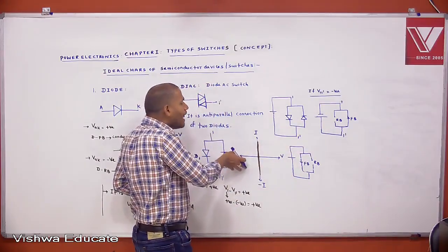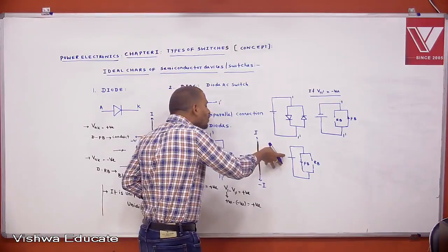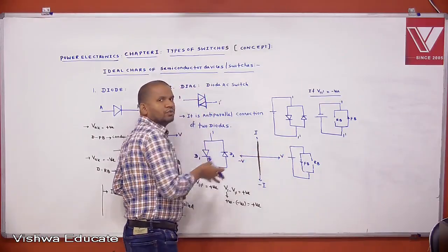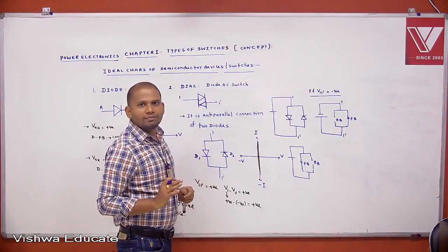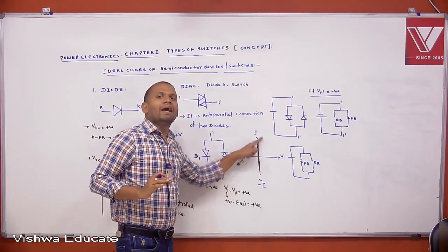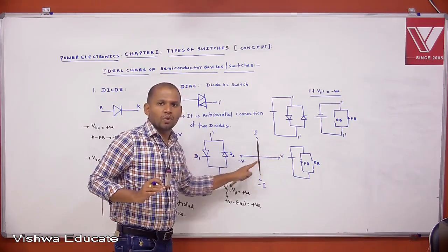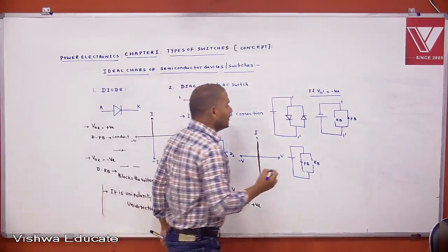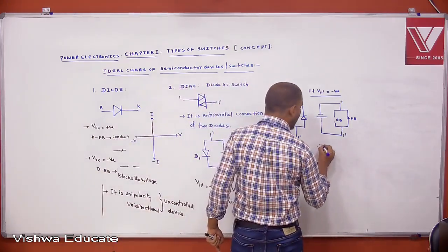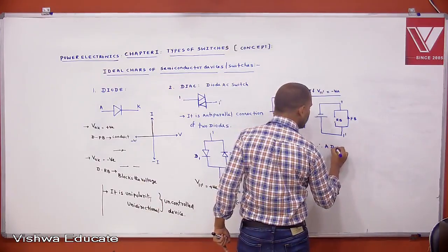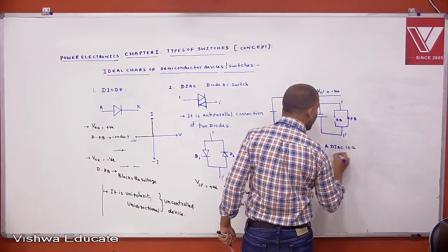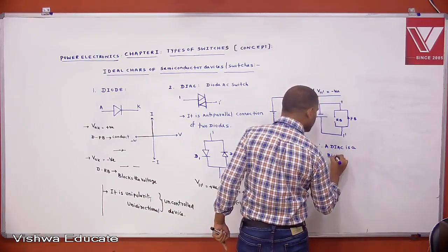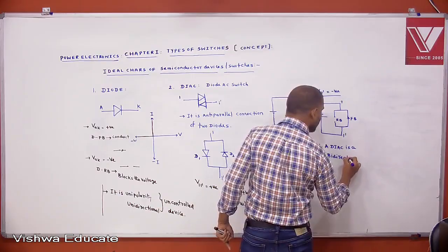That's why a diac cannot block forward voltage and cannot block reverse voltage. That's why it is an example of a bidirectional device. There is no polarity blocking. Therefore a diac is a bidirectional device.